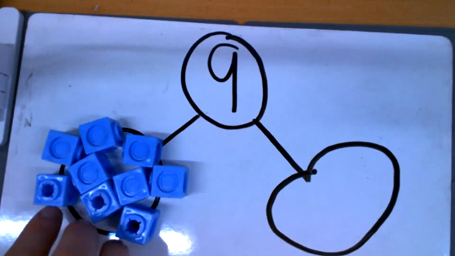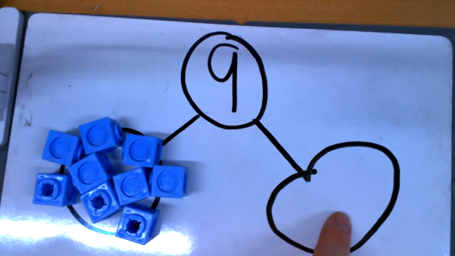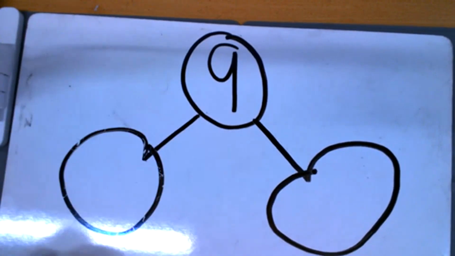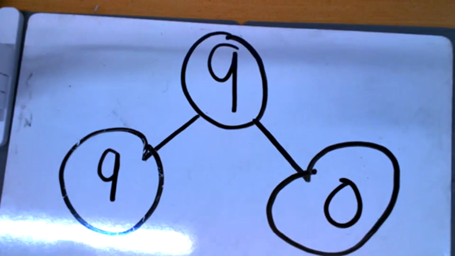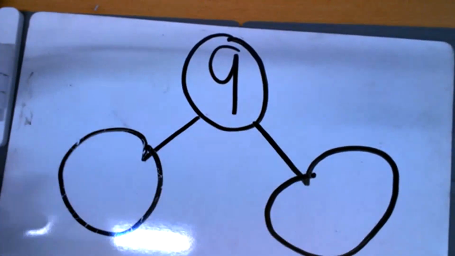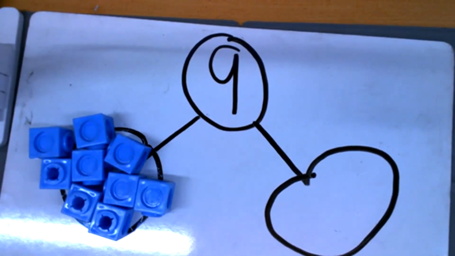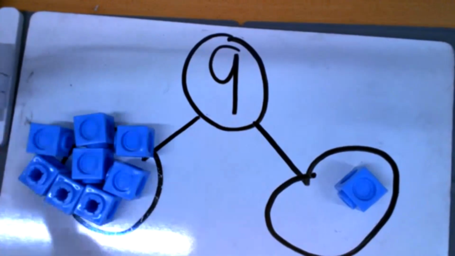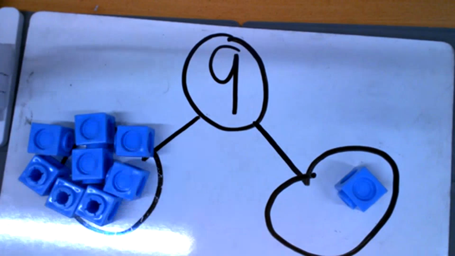Okay, so I've got 9 in here and I've got 0 in here. So my first number bond I could write, the 9 would be 9 and 0. Okay, then what I want you to do for your next one is work methodically. So you're going to move 1 across, 1 over here. How many have I got in this part now? 1, 2, 3, 4, 5, 6, 7, 8.